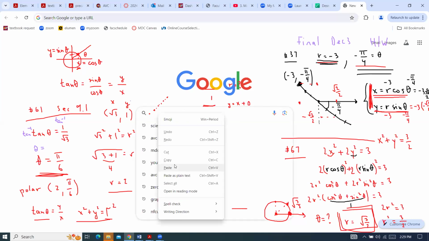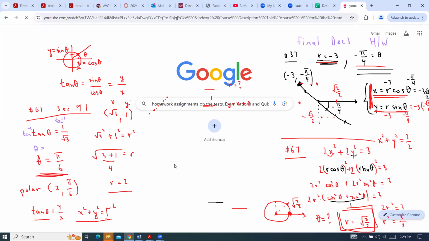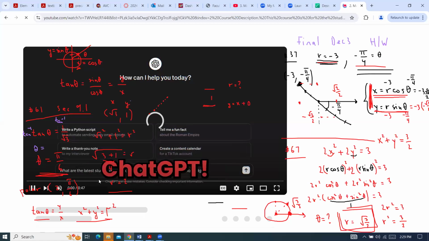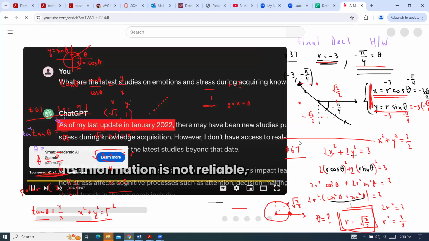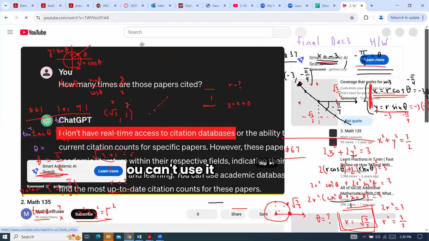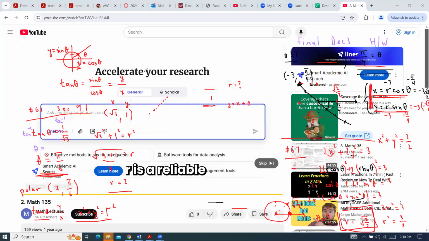So go on Google and put that link, and it should bring you right to the folder that has to do with our class. Does it bring you to that folder or not really?